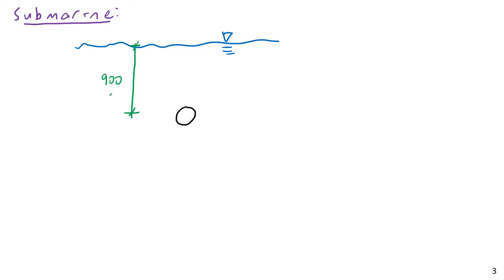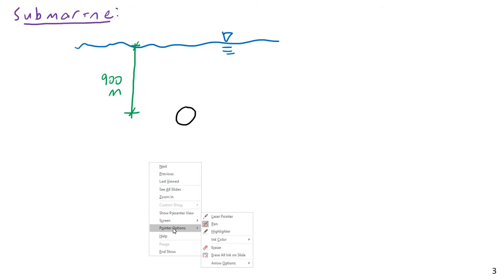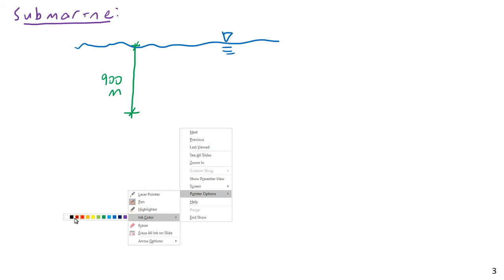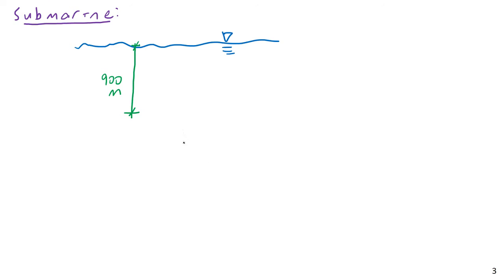900 meters. And let's look at the forces or the pressures that are applied here. So inside the submarine, I'm going to have 1 atmosphere. You know what? I'm going to redraw this. I want to have enough room to show this. Maybe this will work better.